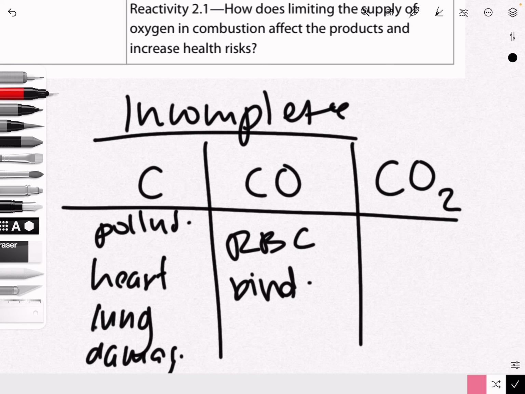And then carbon dioxide. This one is very well known. This is a greenhouse gas, as this will accumulate in the atmosphere, and it is very hard to break the bonds in carbon dioxide, so it often lasts and stays in the atmosphere for a long time, unless used in photosynthesis by plants.